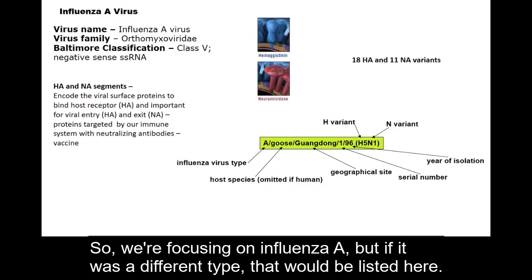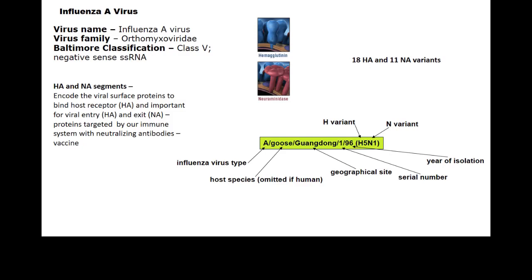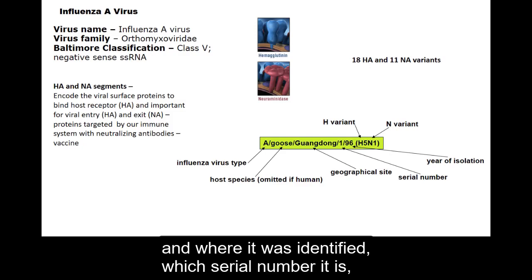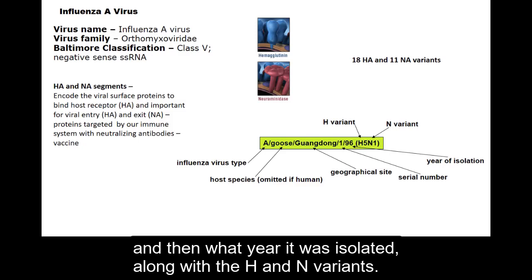So we're focusing on influenza A, but if it was a different type, that would be listed here. If it's not human, you'll see what host species the virus does infect and where it was identified, which serial number it is, and then what year it was isolated, along with the H and N variants.